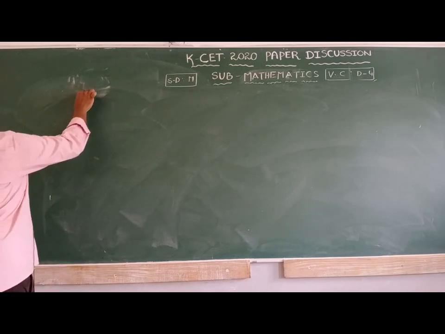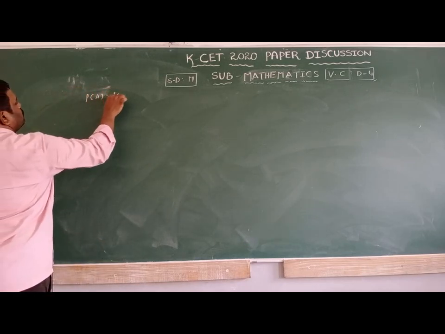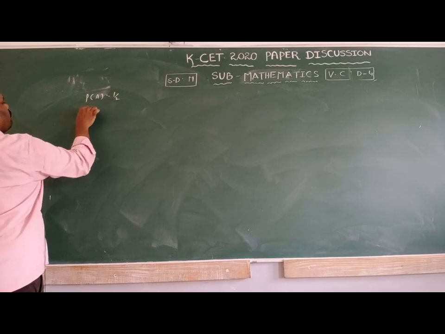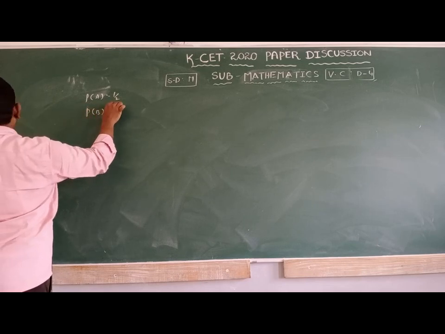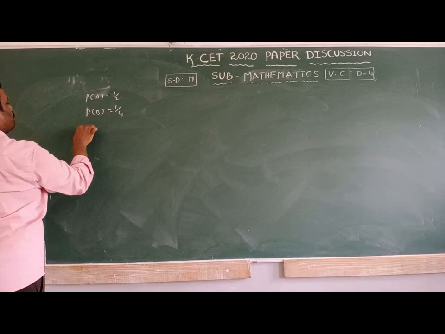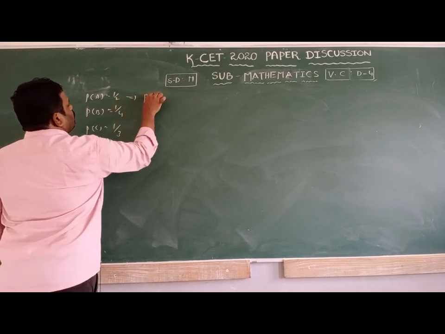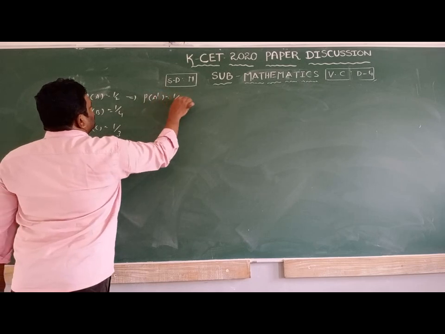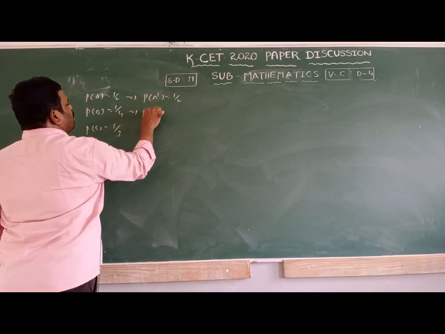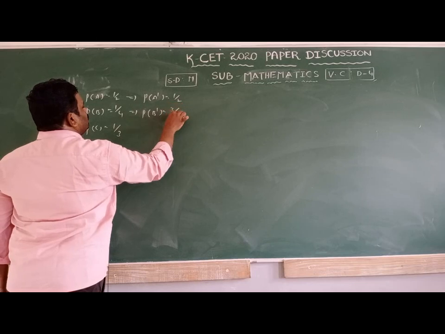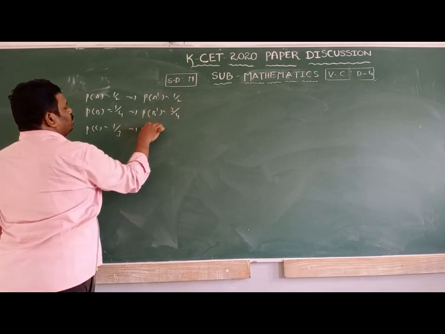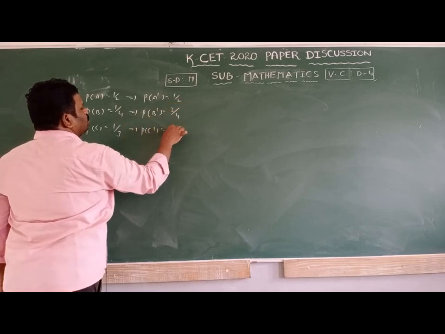Probability of A is equal to 1 by 2, probability of B is equal to 1 by 4, probability of C is equal to 1 by 3. So the probability of A complement is equal to 1 by 2, probability of B complement is equal to 3 by 4, probability of C complement is equal to 2 by 3.